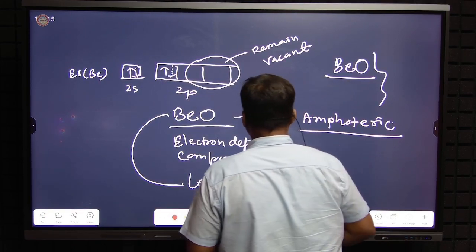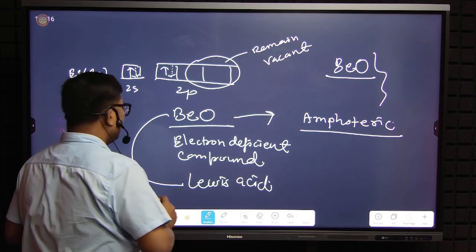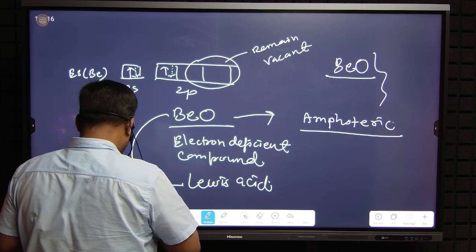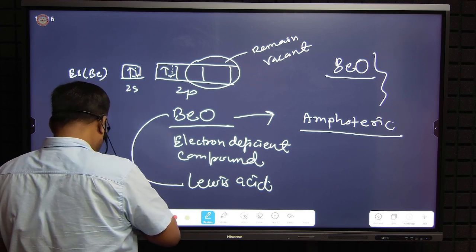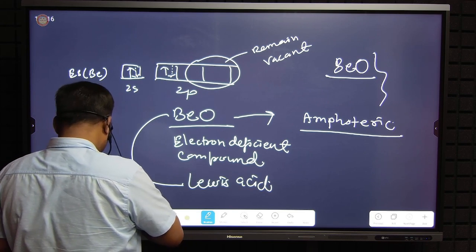So actually we have some reactions that clearly give us an idea about the acidity, basicity, or amphoteric characteristics.